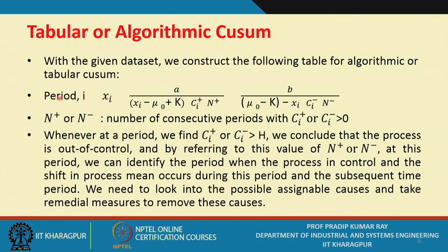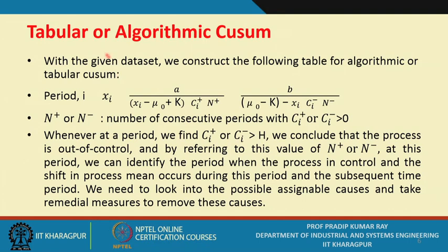Okay, with a given data set we construct the following table. These are actually the table format. I am not showing the table. Later on, when we take up the numerical problems, you will refer to the table format. So in the table you have several columns. Is it okay? So for using algorithmic or tabular Cusum, you have to create this table.